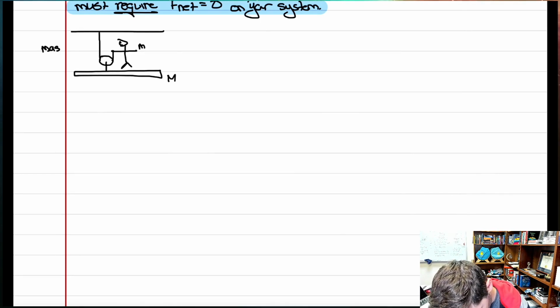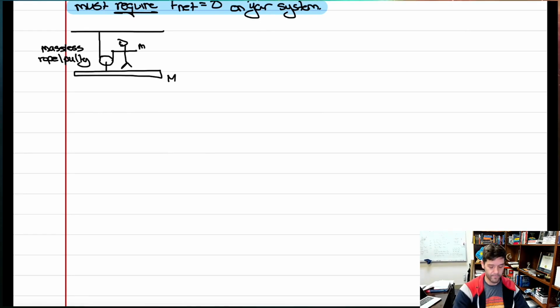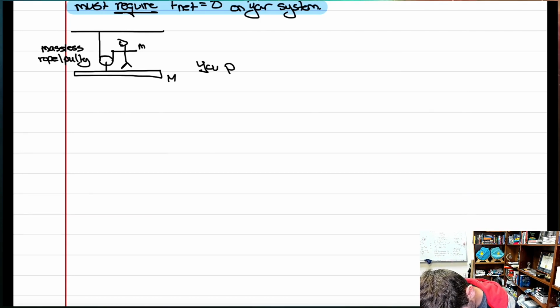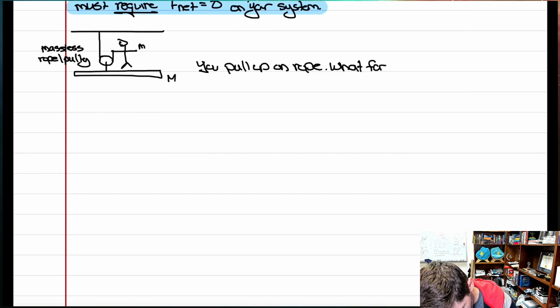We're going to take the pulley and the rope as massless. You pull up on the rope with some force F. What force do you need to exert so that you and the platform accelerate upward?